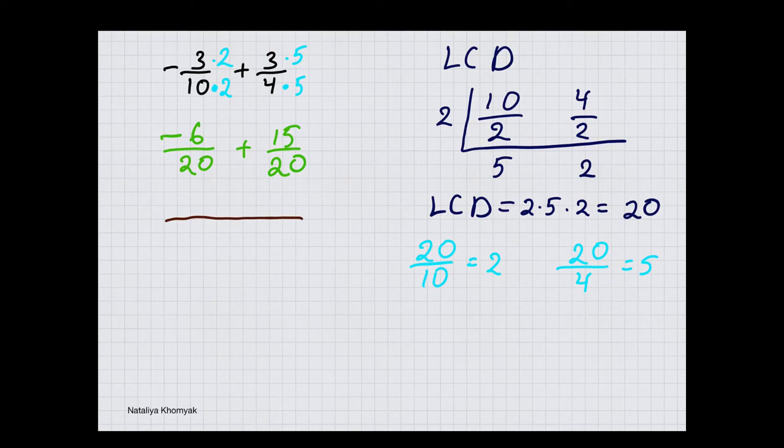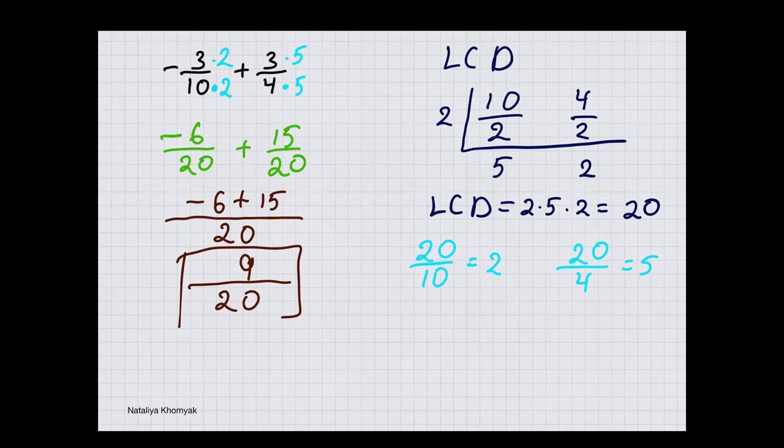Bring everything over the same denominator. So we have 20, negative 6 plus 15. Different signs, we want to look for the difference between 6 and 15, which is 9. And this will be our answer. That's all.